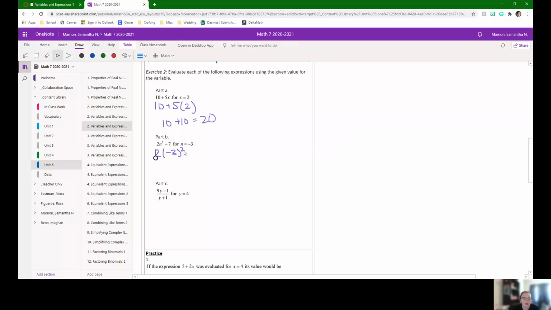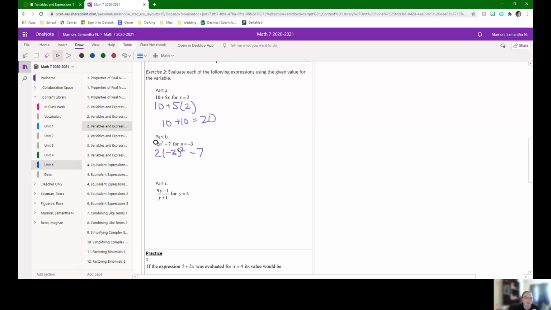If you're typing this on a calculator, it's really important that the negative sign is right next to the 3 in the parentheses. If it's on the outside, it's going to give you the wrong answer. And then we just have -7. So all I did is I replaced n with a -3. I like to put it in parentheses, keep it kind of together, especially when we have negatives. Sometimes it gets a little wonky in our calculator if you typed it in.